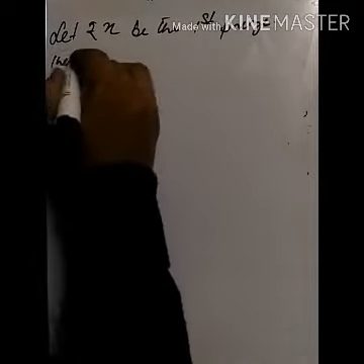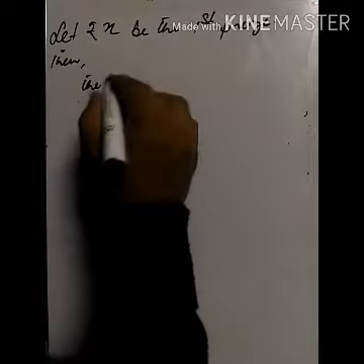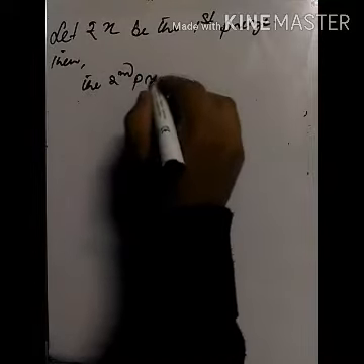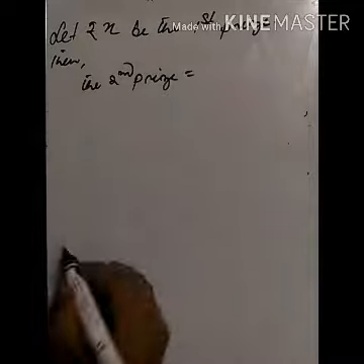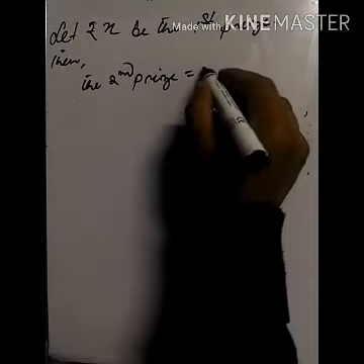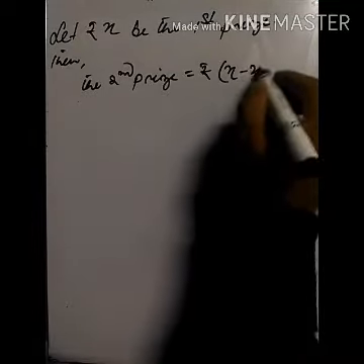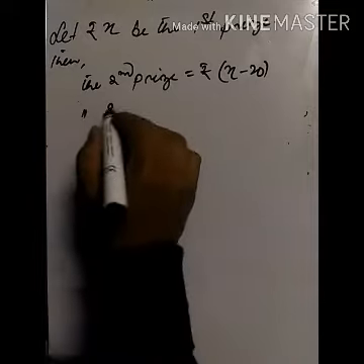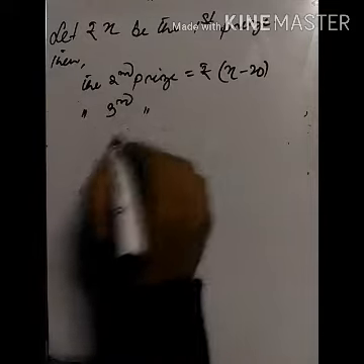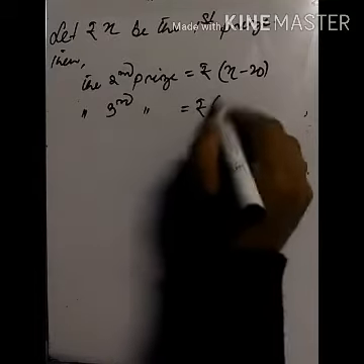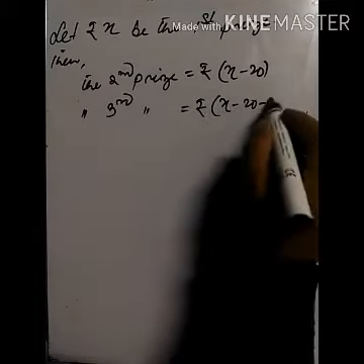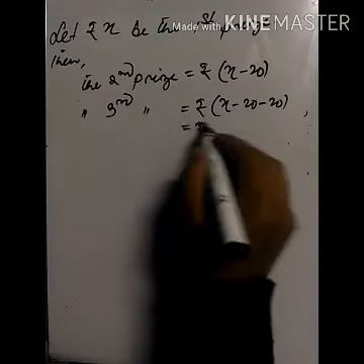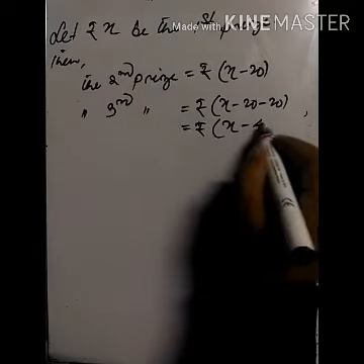Then the second prize will be equal to rupees X minus 20, because the question says very clearly it's decreased by 20. Then the third prize equals rupees X minus 20, again minus 20. So we have rupees X minus 40.